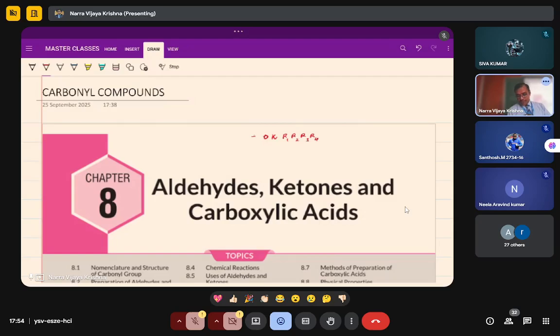This is the principle in order to memorize or remember things. O means overview. K is key ideas. R1 is read.